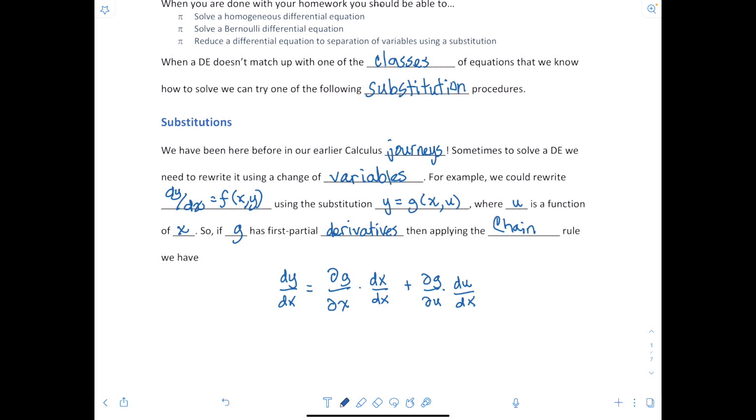So this will give us dy/dx equals the first partial of g at x and u, plus the first partial of g with respect to u at x and u, times du/dx. So just rewriting it.